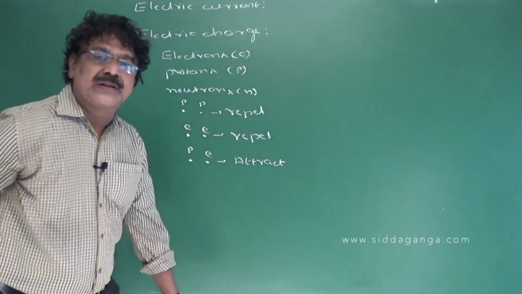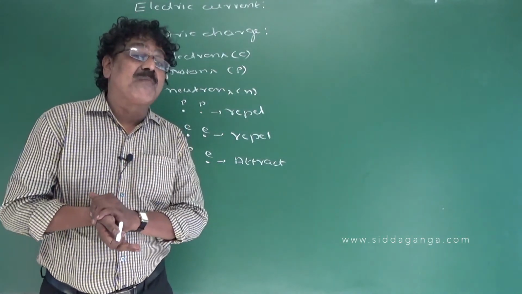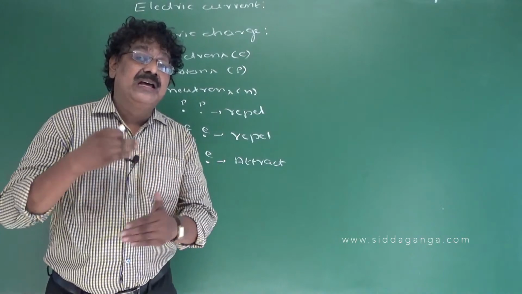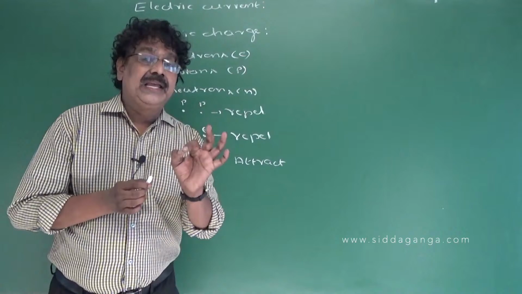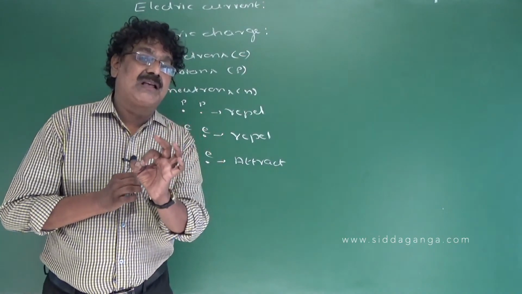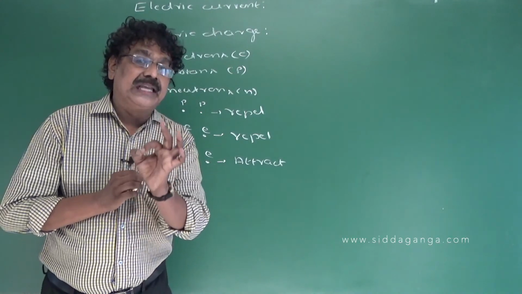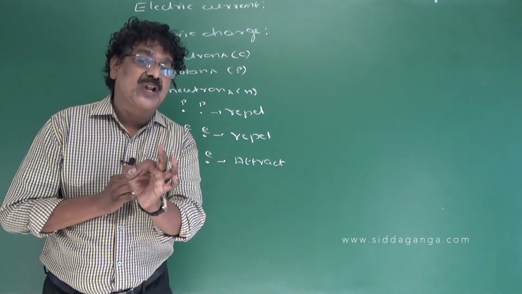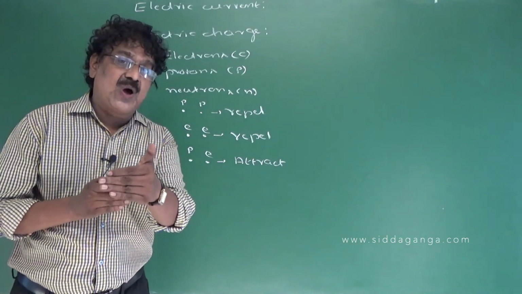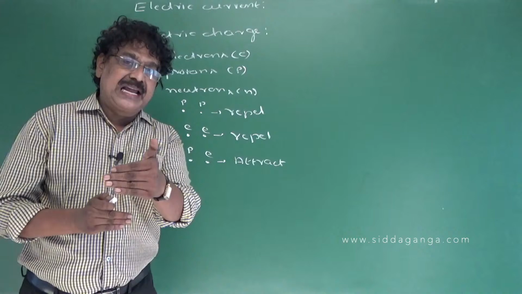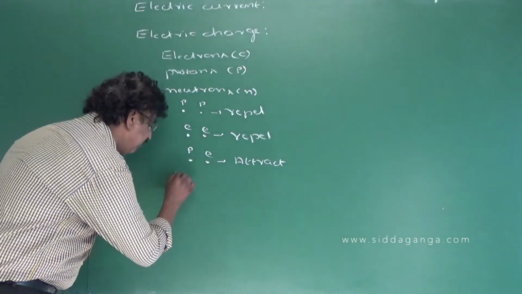Neutrons do not show this property of attraction or repulsion with any other particles. Only protons and electrons have the property to exert the force of attraction or repulsion. This force of attraction or repulsion between electrons and protons is called electrical force.